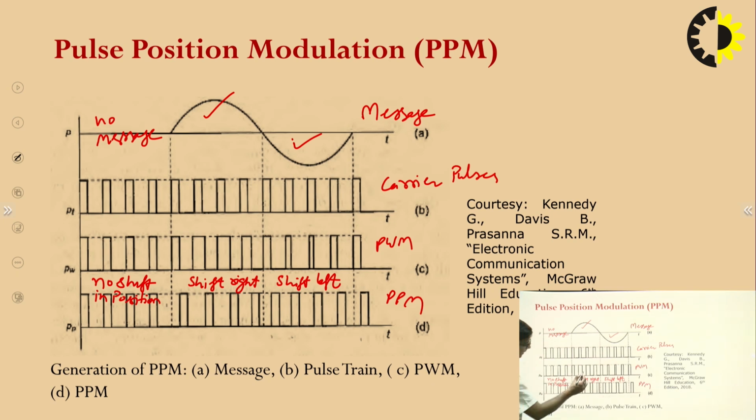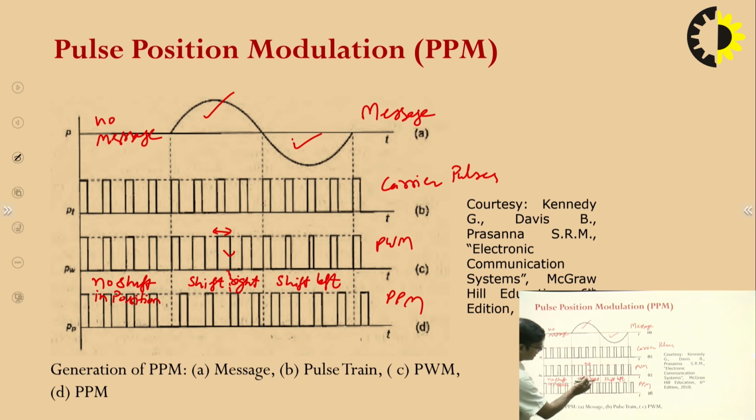Here we can see, in case of PWM, the width increases and from the trailing edge of this pulse, the PPM pulse will start.